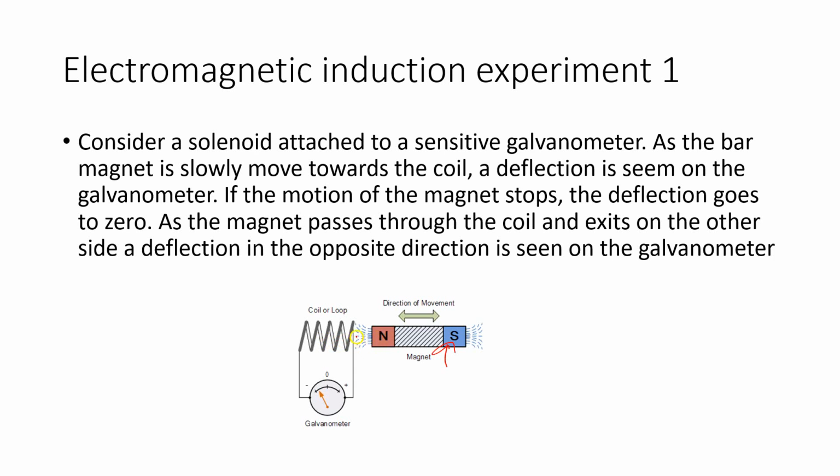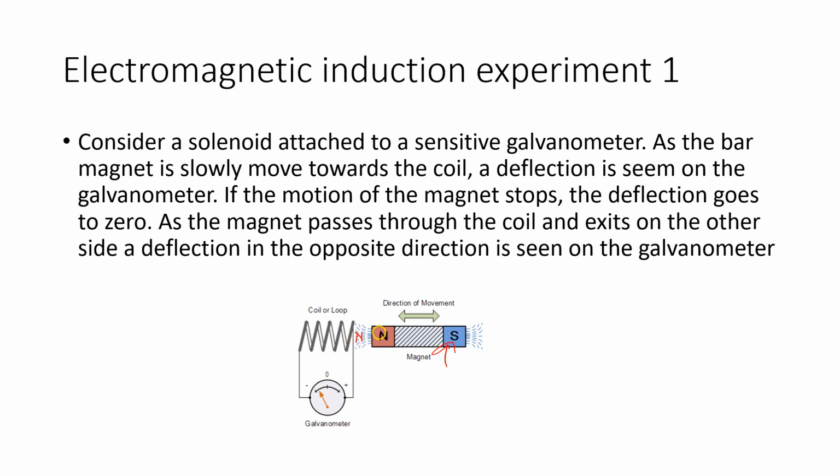So at the end of the day, this solenoid must create a north pole to repel the magnetic field coming towards it. So that's one of the key things. If you know what pole is going towards it, then you can essentially know what pole will be at the coil.